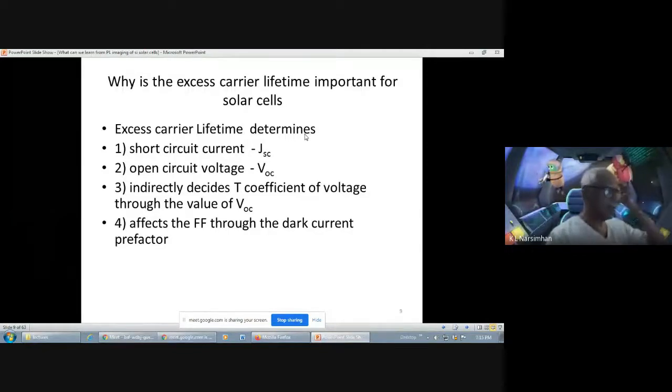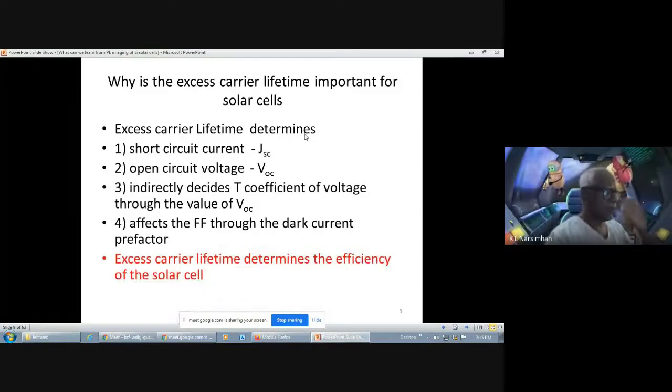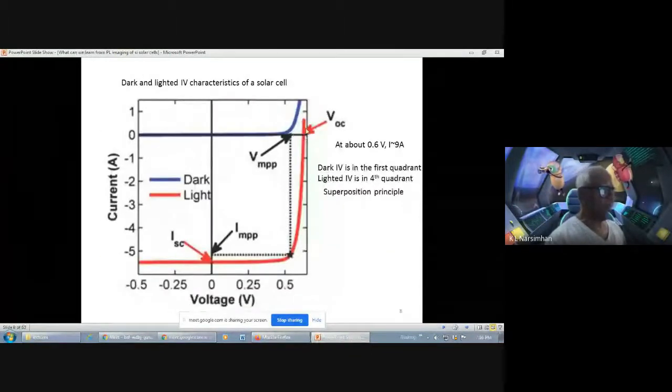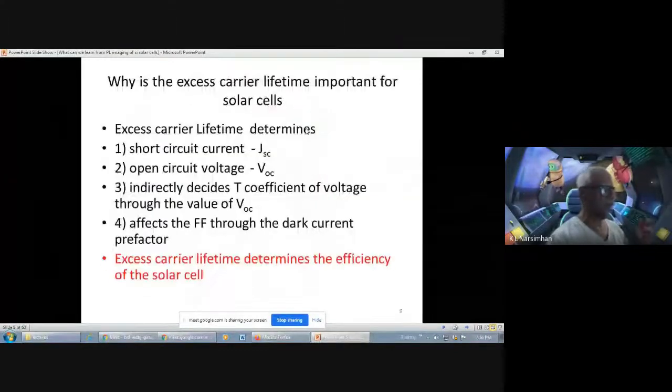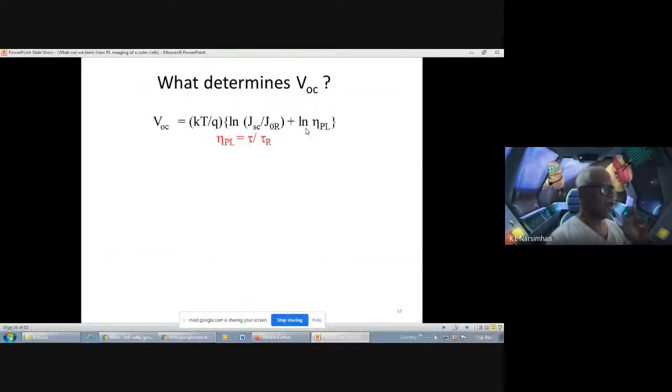And I'll give you one example. You can see, what determines the magnitude of this VOC? I'll give you one simple expression. I won't go into the derivation of this, but just take my word that VOC is given by a term like this: kT by q log of JSC by J naught R, where J naught R is the J naught in J equals J naught e to the qV by kT.